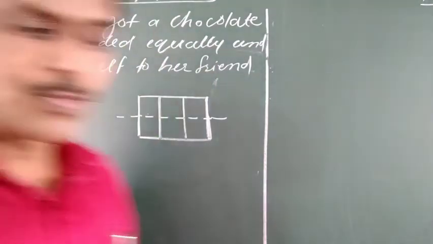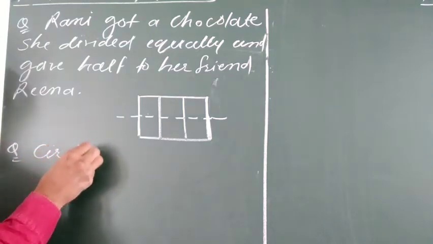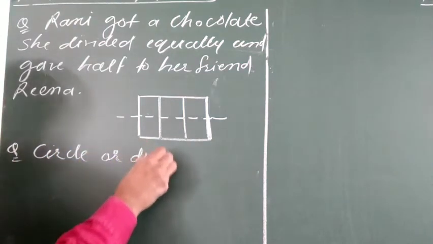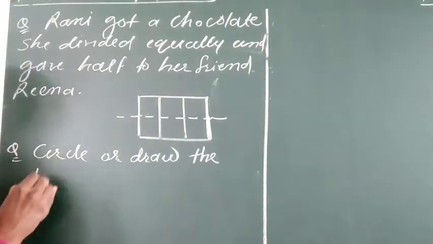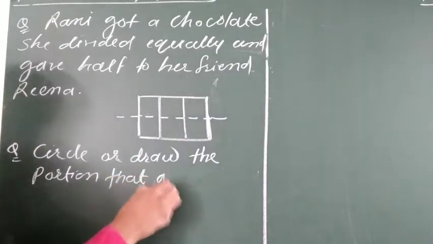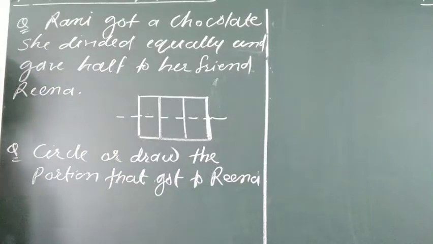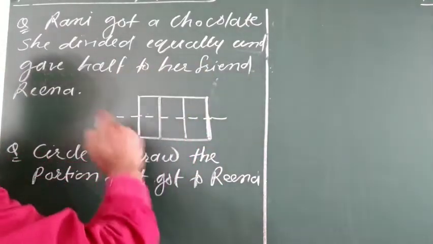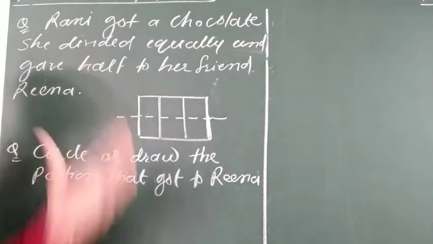Now the question is here: circle or draw the portion that got to Reena. Now see, this is the whole chocolate and Rani divided it into half and decided to give the half part to her friend Reena.